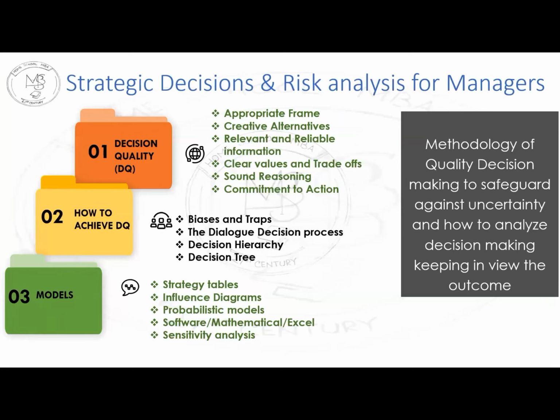Apart from what you have shown on the slides, the biases and traps, the dialogue decision process, decision hierarchy, and decision tree, the quality of decision making depends on the scientific data you are using, and on discussing various models of that decision, such as strategy tables, influence diagrams, probabilities, models, and software around that.